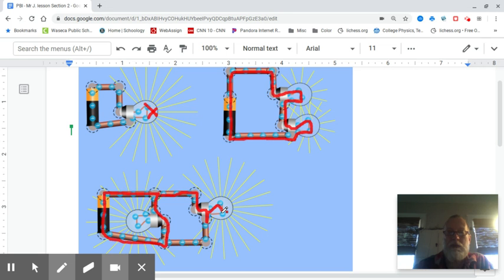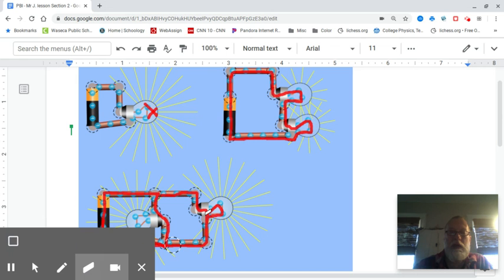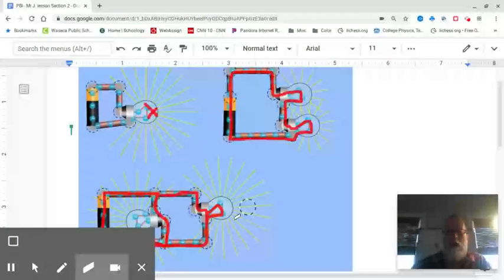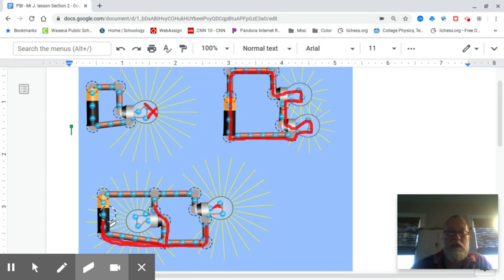Oops, it goes up here and comes back. So in a parallel circuit, you have alternative branches that the electricity can go through. In the series circuit, you have just one pathway that the current goes through.